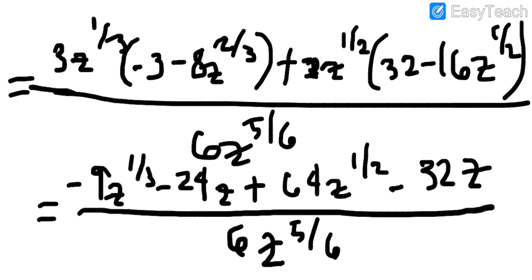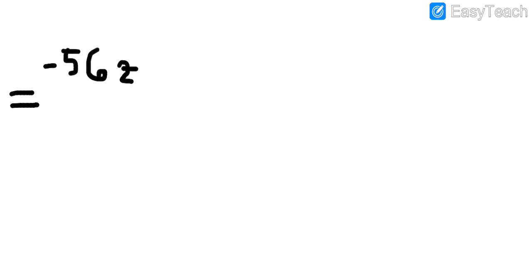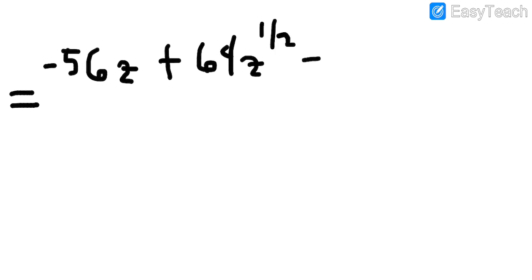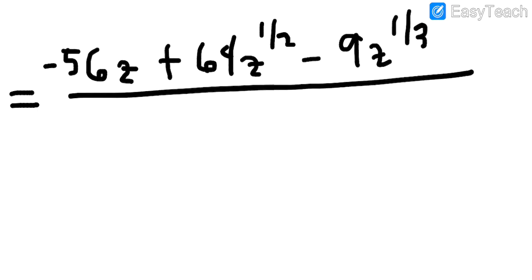Next, we have plus 64z raised to 1/2, followed by the next term, negative 9z raised to 1/3, all over 6z raised to 5 over 6.